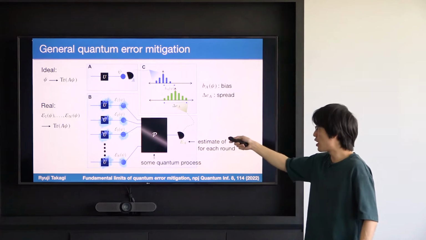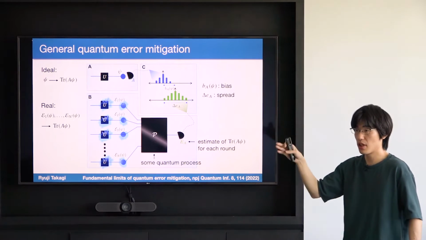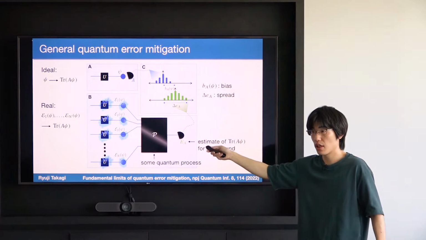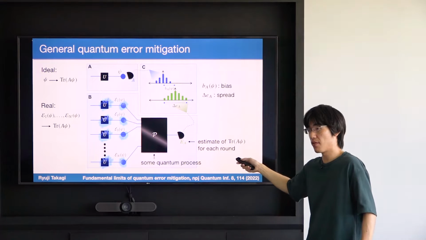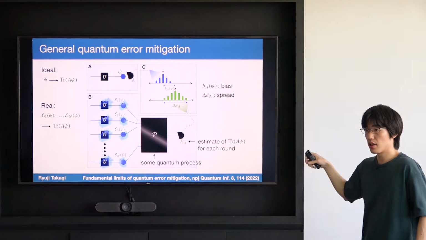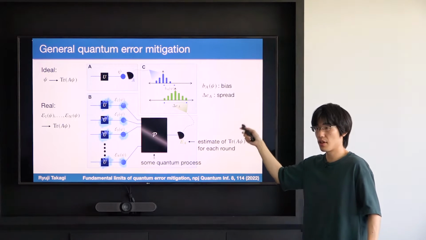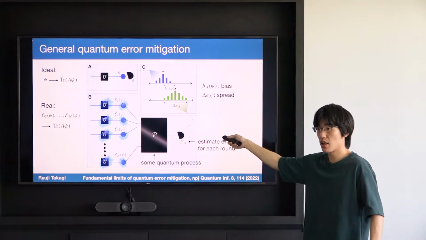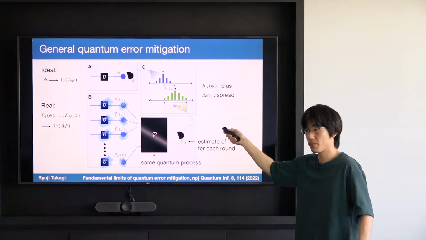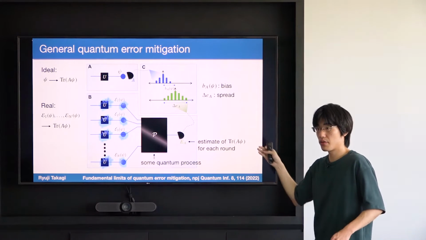But if you have a different input state in this noisy circuit, then you will also have the noisy state that is E of the ideal state phi. So this E itself is not dependent on the description of psi.